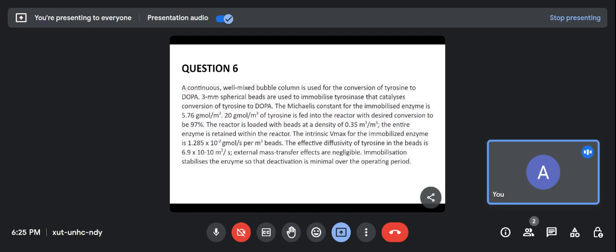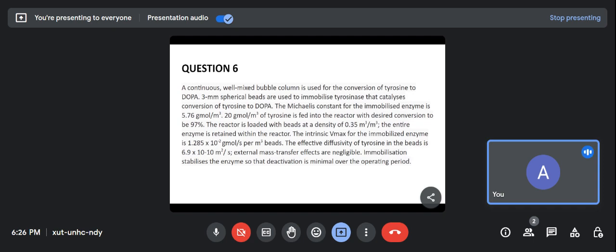The reactor is loaded with beads, and the loading of the beads is 0.35 meter cube per meter cube, right? The entire enzyme is retained within the reactor. The intrinsic Vmax for the immobilized enzyme is 1.285 into 10 to the power minus 2 gram mole per second per meter cube beads.